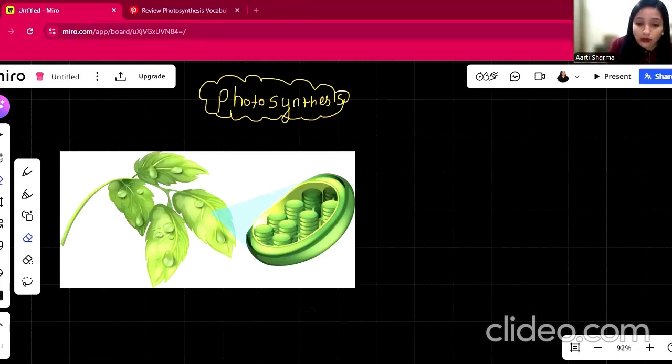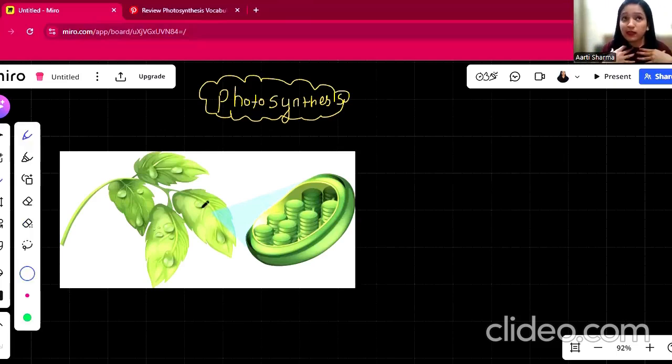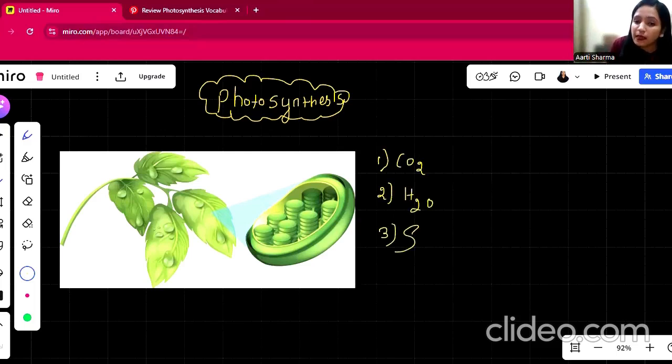Now they need only three ingredients to make their food. Not like us. If we want to eat pizzas and burgers, we need a lot of ingredients to make them. They need only three ingredients. I'll write it for you. First ingredient is carbon dioxide, second ingredient is water, and third ingredient is sunlight.